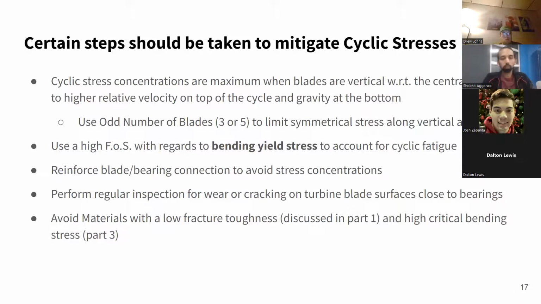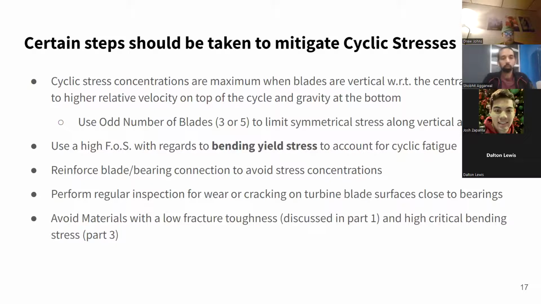So another thing we had to consider was cyclic stress. The fact that you have stress concentrations as these blades move around the central hub while they're in operation, both whenever the beam is vertical due to higher wind speeds at the top, and also when it's in the vertical down position due to having to work against gravity, adds extra stress and more stress concentrations along the sides.